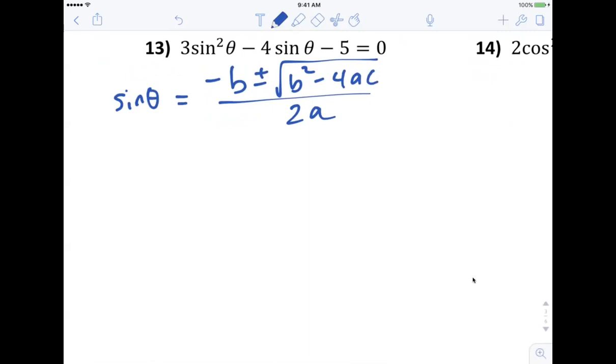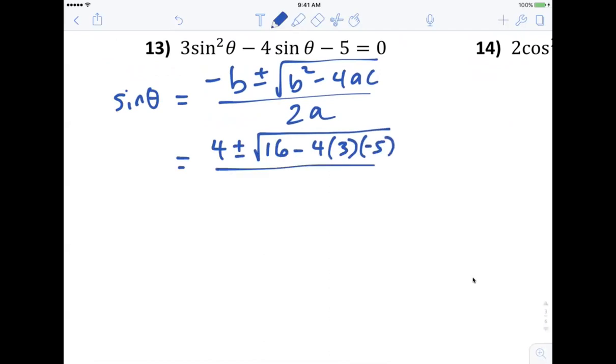Okay, so let's calculate that out. So b is -4, so I'll have a +4 there, -4 squared is a +16, minus 4 times a is 3 and c is -5, all over 2 times 3.